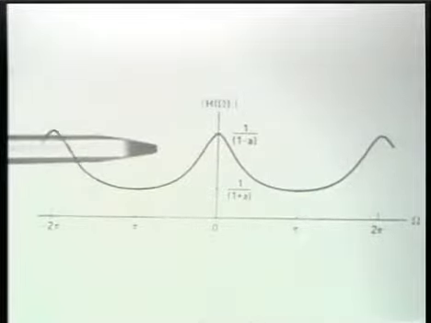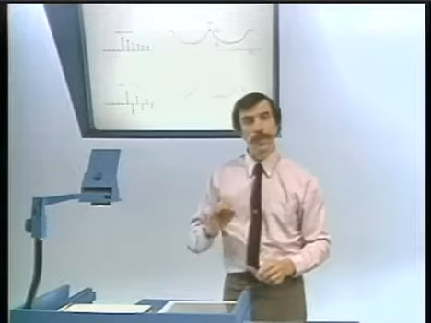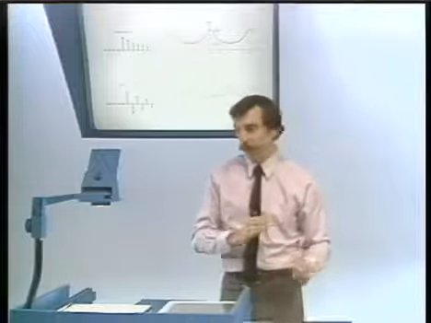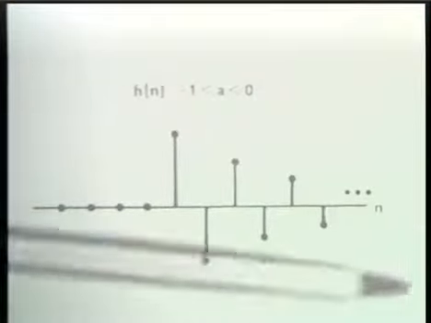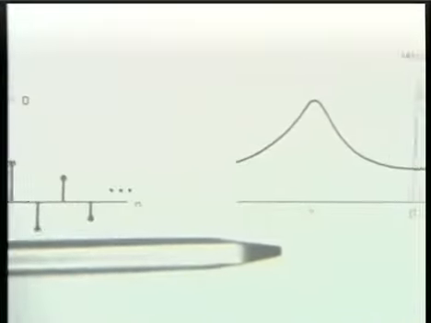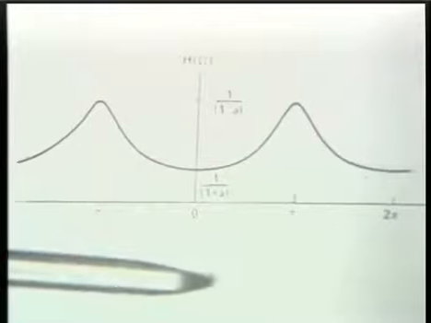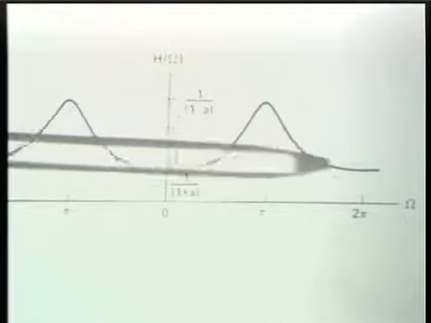Now, if instead we picked A to be negative, between -1 and 0, then the impulse response in the time domain looks like this, and the corresponding frequency response looks like this, and that becomes an approximation to a high-pass filter.